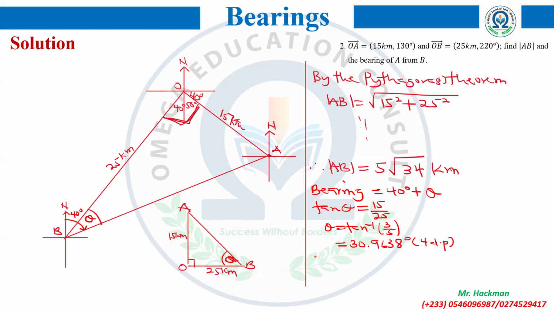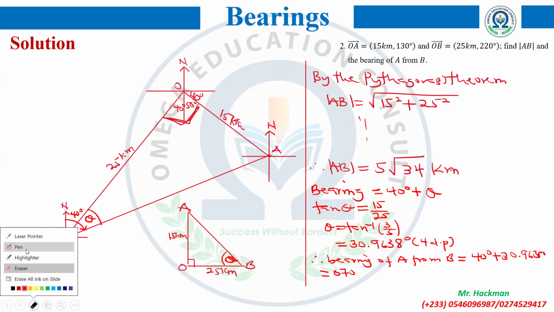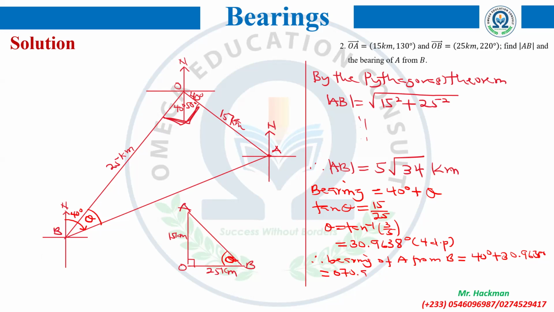So in this case, I can write, therefore, the bearing of A from B will be equal to 40 degrees plus 30.9638 degrees, which in effect will be equal to 070.9638 degrees, and you start it with 0 because your whole number should be three digits.